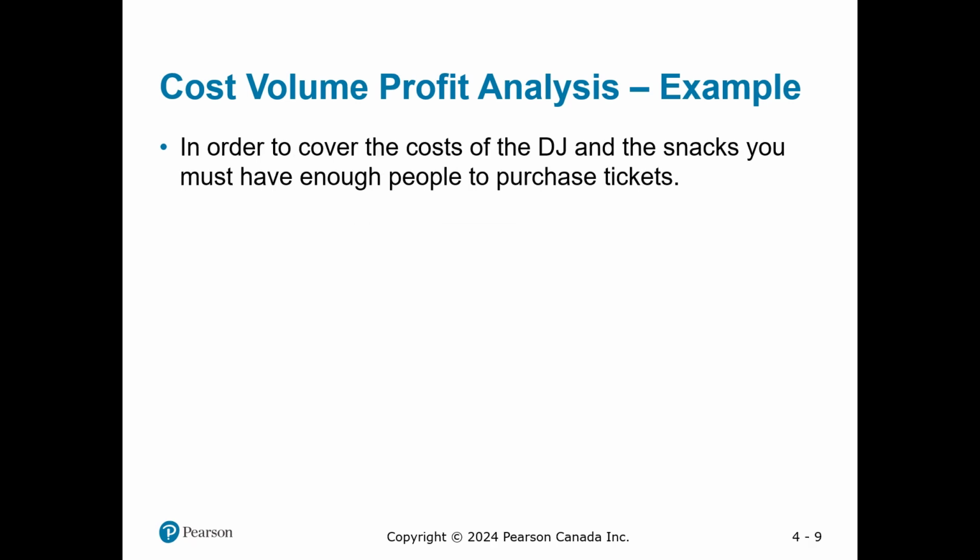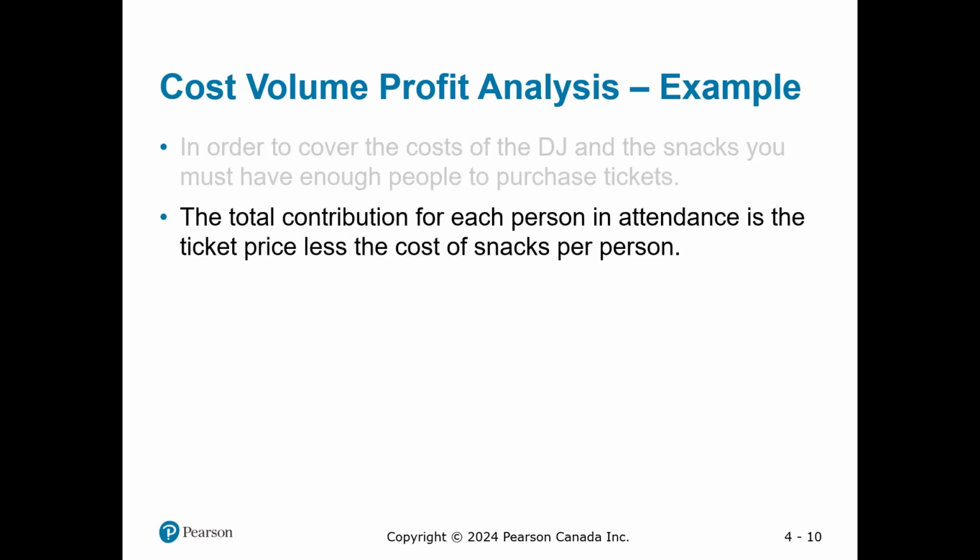How many people have to purchase tickets in order for you to cover the cost of the DJ and the snacks? The sales revenue per person, less the variable cost per person, which is the cost of the snacks, is equal to the contribution margin, the amount per person that will contribute to covering the DJ costs, the fixed costs.